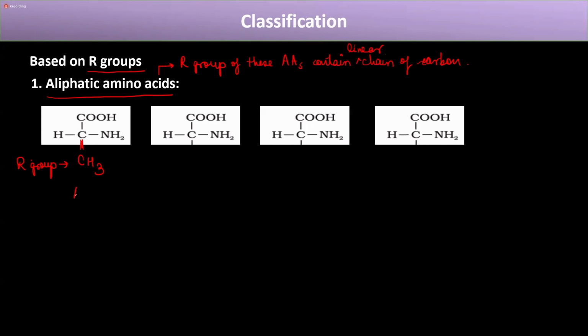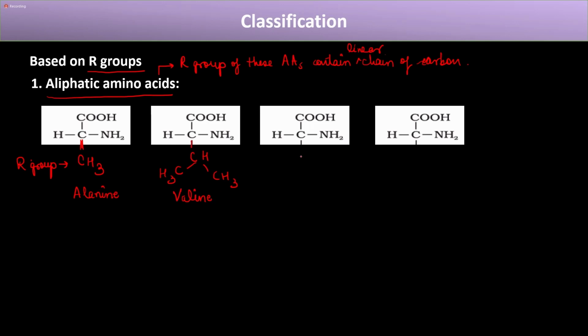So this is called alanine. Now, which is the second aliphatic amino acid? It is valine. Its R group will have CH, CH3 and CH3. And this is valine.